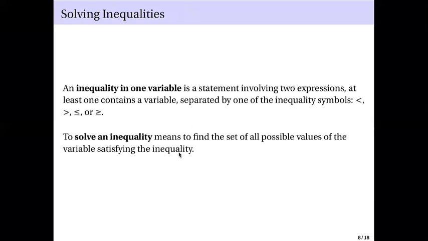So unlike a linear equation, which has a maximum of one solution, and a quadratic equation, which has a maximum of two solutions, it could be one solution, or it could be no solution, just like what you've seen before.